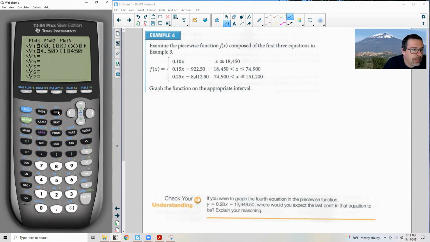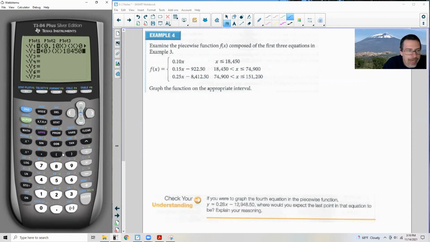Let me go back. I want to do the x first. You always do the x first. You want x to be greater than 18,450. So x, second math, 3 for greater than 18,450.